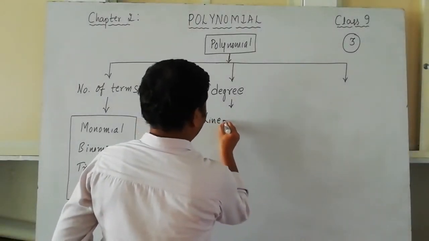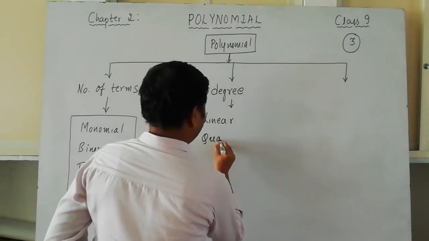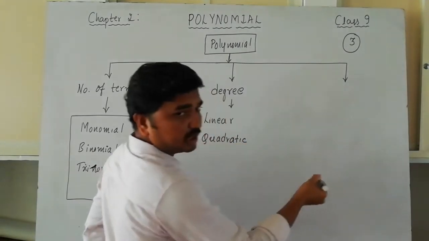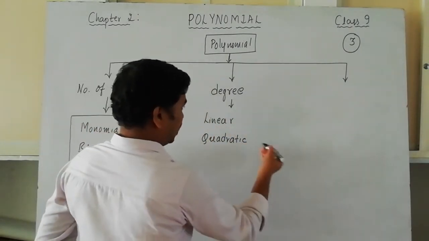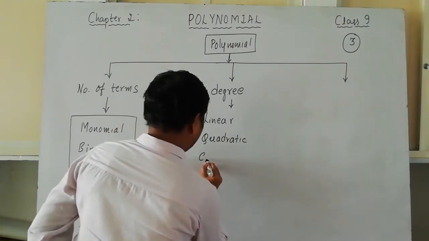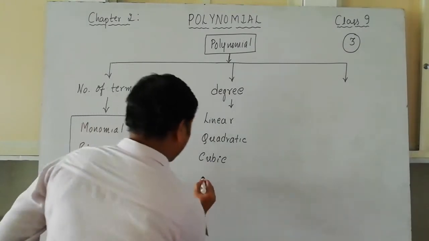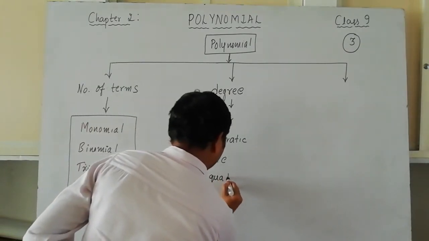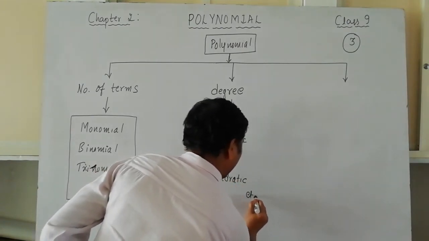Linear polynomial, quadratic polynomial. I am not going to write out the polynomials; I think you can understand that. Linear polynomial, quadratic polynomial, cubic polynomial, and then biquadratic polynomial, and so on.